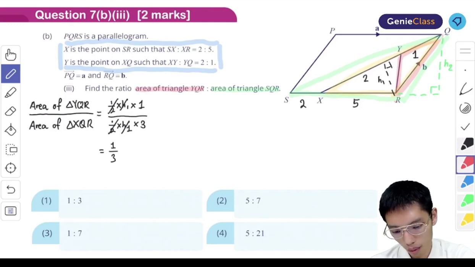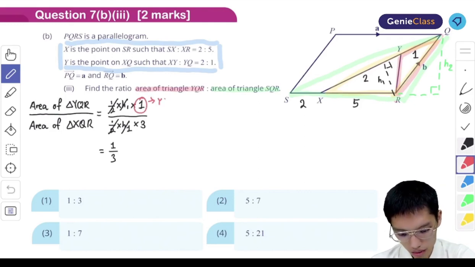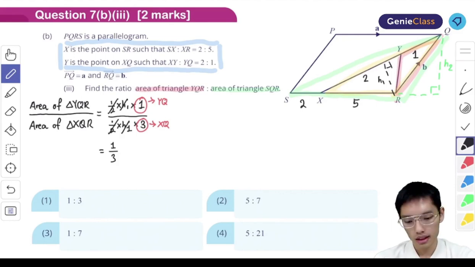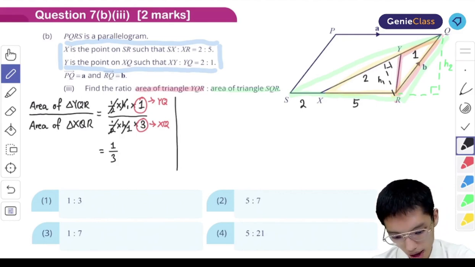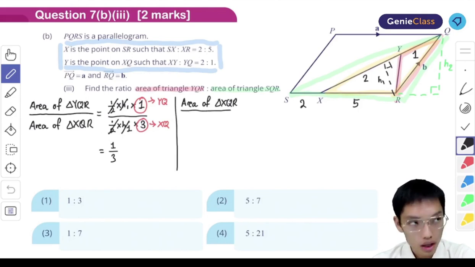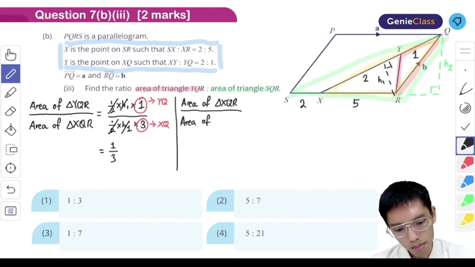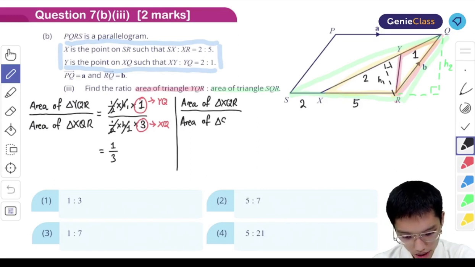If you are confused about what 1 is, refer to the diagram at the top. I have YQ. I have XQ over here. Once we have that, how can we link the intermediate triangle? That's where we have the area of the intermediate triangle, the yellow one, to the area of the big triangle, SQR.